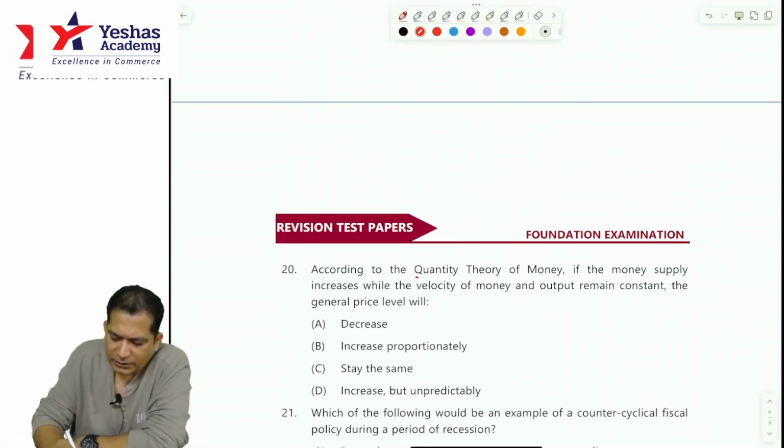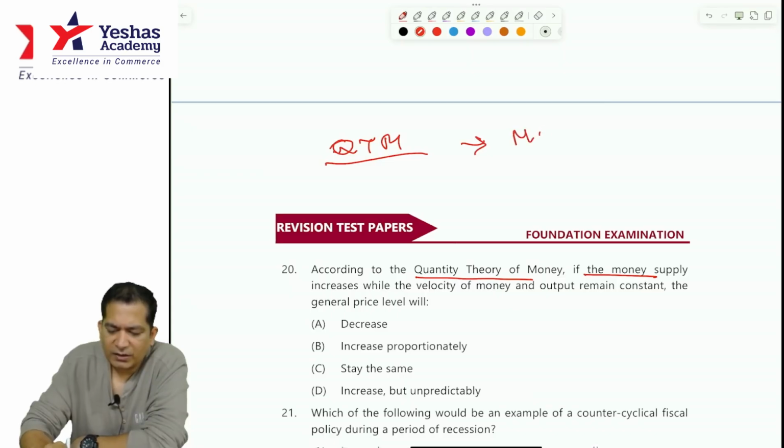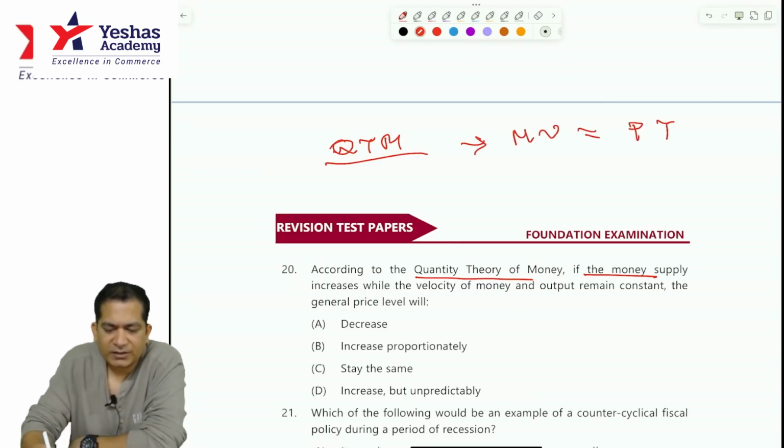According to quantity theory of money, which was given by Irving Fisher, he gave an equation MV = PT. M is the supply of money, V is the velocity, T is the transaction. V and T are assumed to remain constant. So when the money supply increases, the price level will increase.